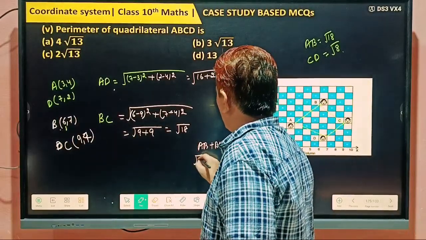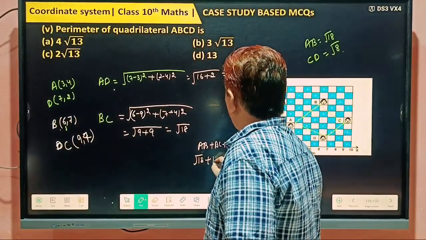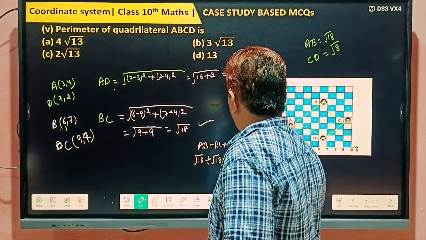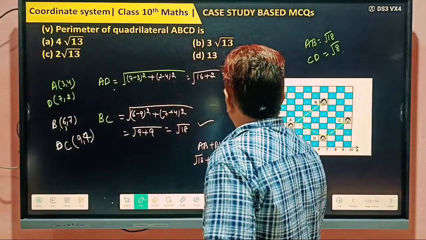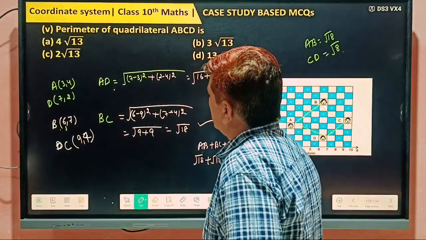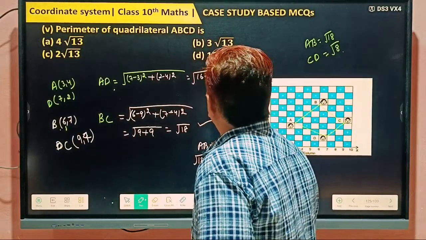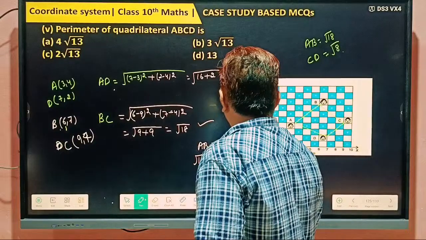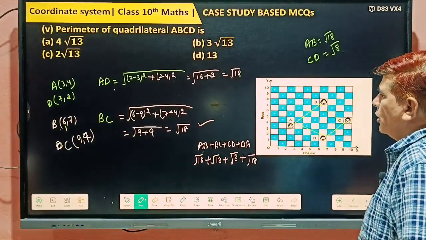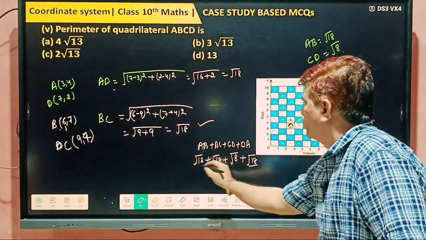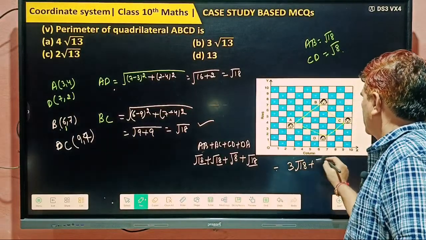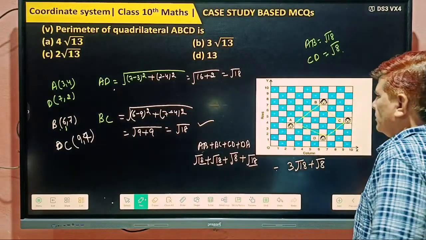AB under root 18, BC under root 18, CD under root 8, and what? AD under root 18. So how much? 1, 2, 3. So 3 under root 18 plus under root 8.